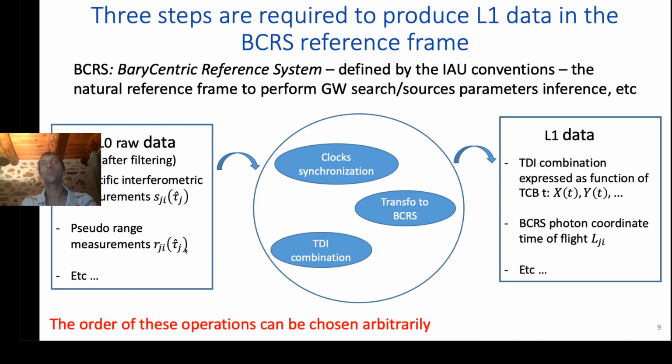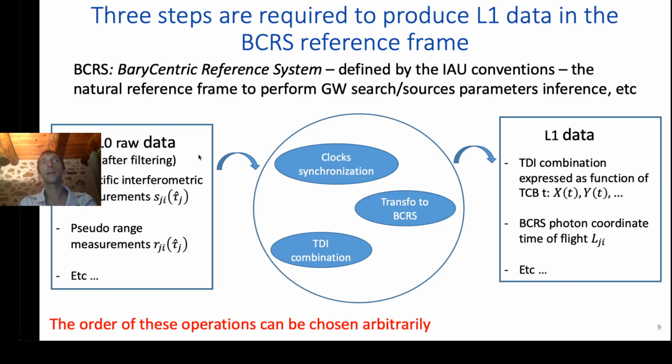On the other hand, what are we trying to produce as L1 data after post-processing? Well, we are trying to construct this TDI combination that are expressed as a function of the TCB, the coordinate time related to the BaryCentric reference frame. On the other hand, it will also be important to know the BCRS photon coordinate time of light, so basically this capital letter L, in order to produce the TDI.